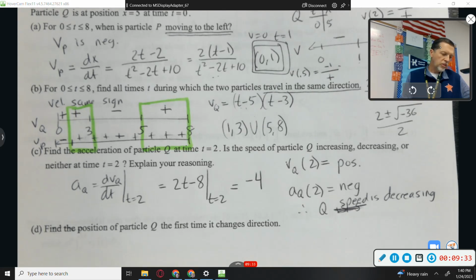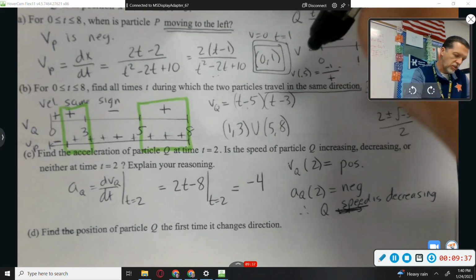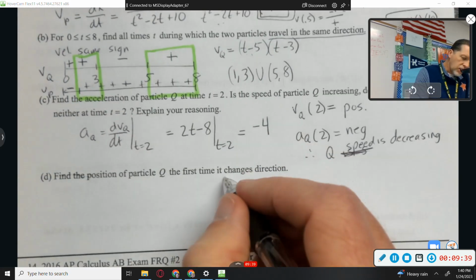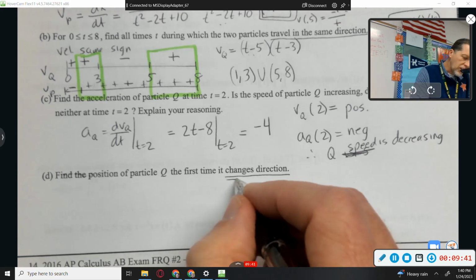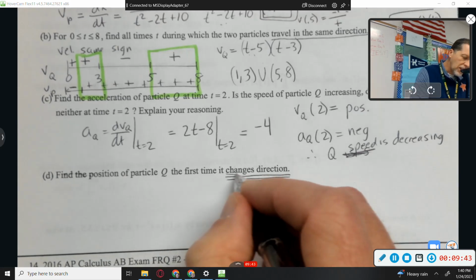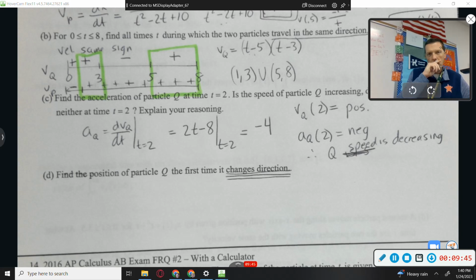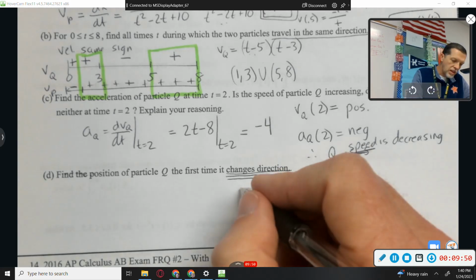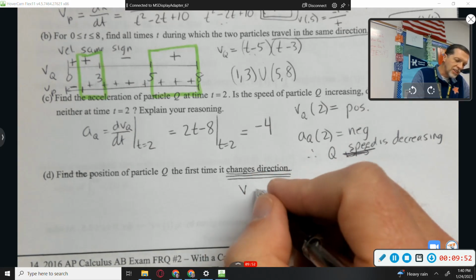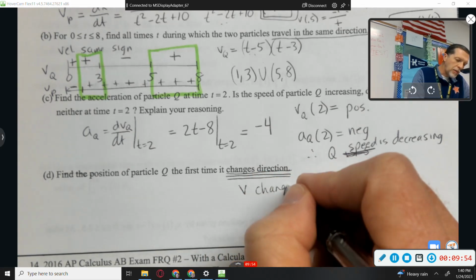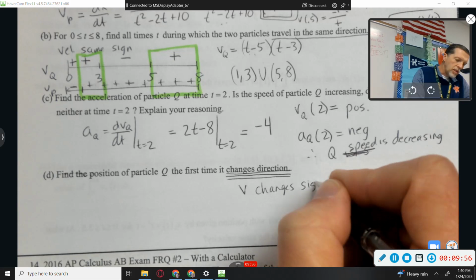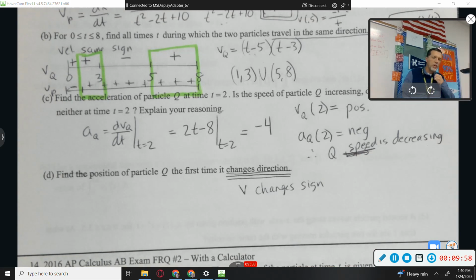Find the position of particle Q the first time it changes direction. What does that mean in terms of our variables? Velocity changes sign. So changes direction would mean velocity changes sign, from positive to negative or negative to positive.